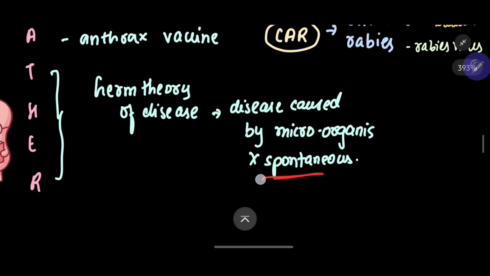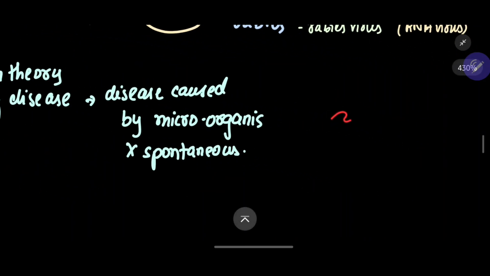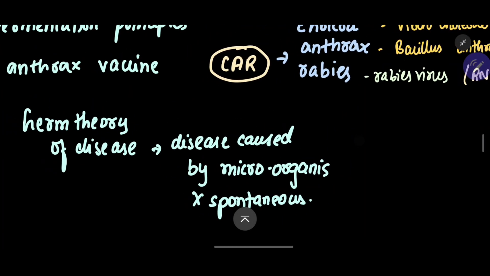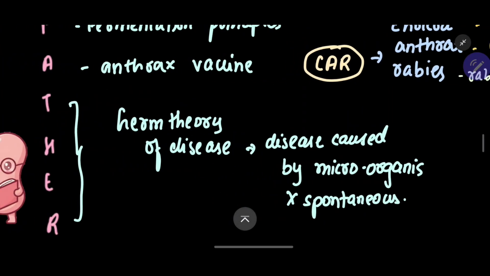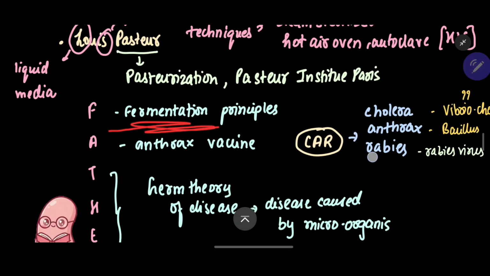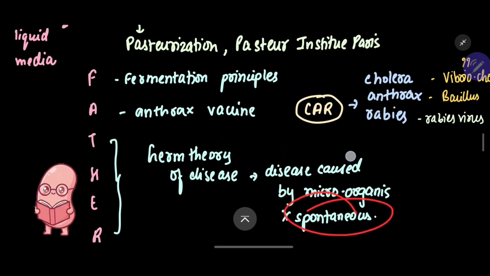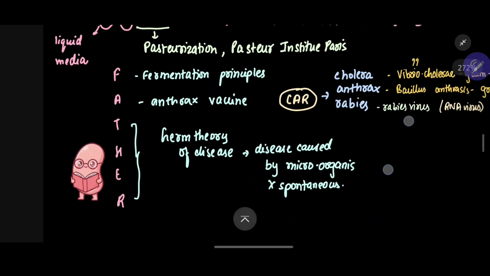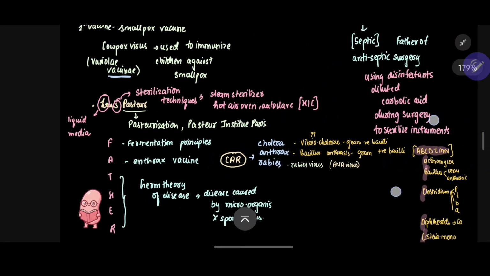People used to think, let's say someone has cholera, oh, is this spontaneous? But no, he said it happens due to some germs. So he gave the germ theory of disease. Same with the fermentation principle. People used to think it's just spontaneous. He said it's not spontaneous, it takes place due to certain microorganisms. So this is about Louis Pasteur.